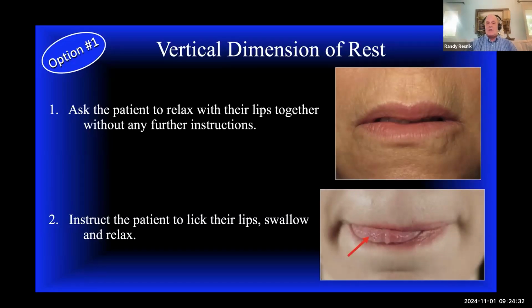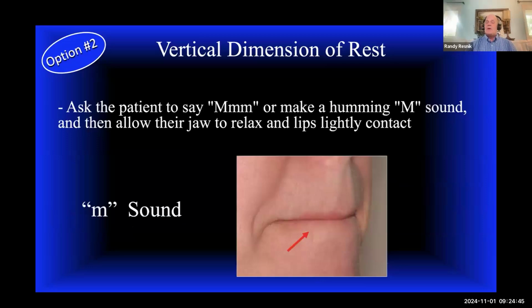And then we measure that position. Other techniques instruct the patient to lick their lips, swallow, and just relax their jaw. So as you can see, VDR is a lot more difficult to determine because there is not actually one point and it can be a zone. And we'll talk about that at the very end.